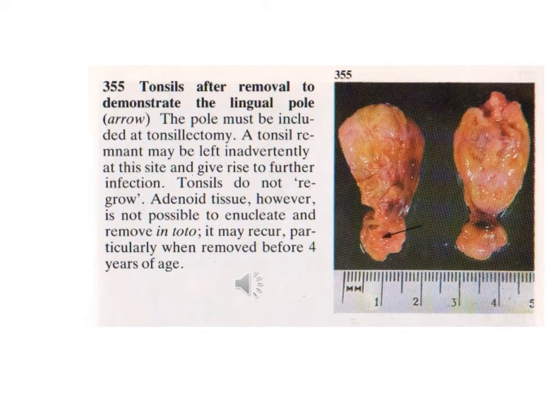In this picture you will see the tonsil after excision. There should be complete removal of the tonsil and the lingual tonsil, which the arrow indicates. If you do not remove the whole tonsil and you leave a remnant, it will regrow. So the tonsil should be excised completely, and the presence of the capsule always facilitates its complete removal.